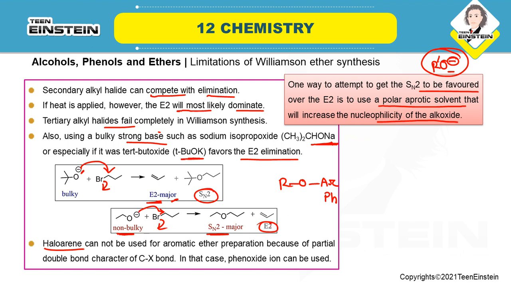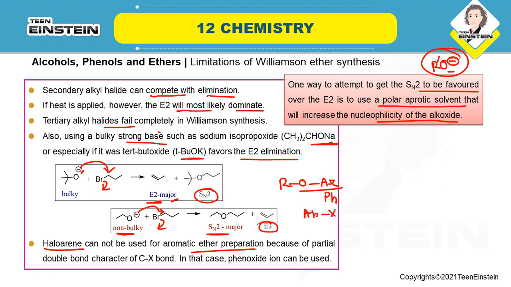So for formation of aromatic ether, you can think that I will use ArX, that is haloarene, but haloarene cannot be used for preparation of aromatic ether because of the partial double bond character of the carbon halogen bond. Fine.